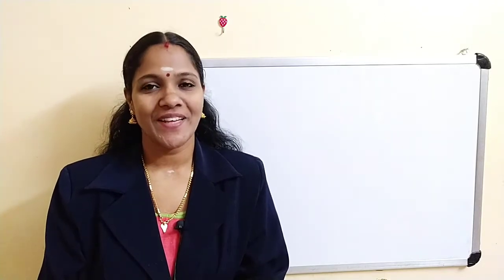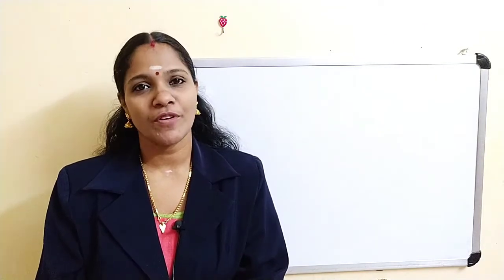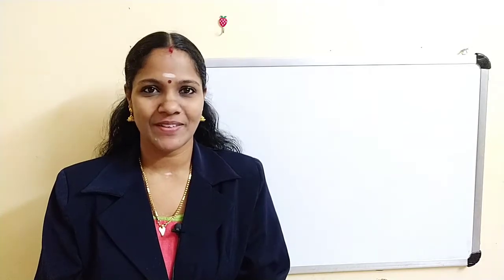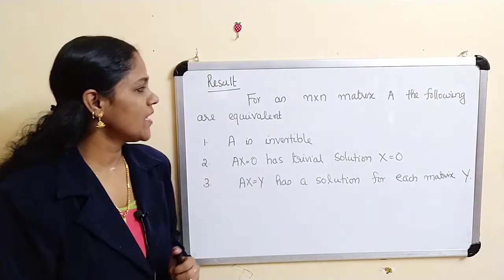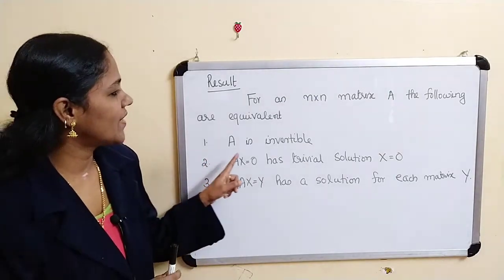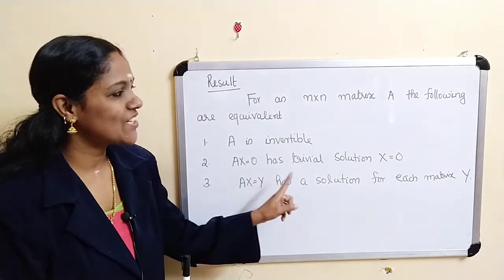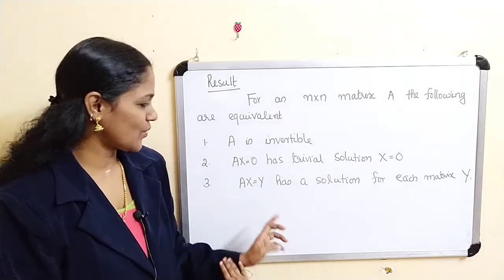Today we are going to prove two theorems. Before that, we are going to discuss one result. For an n by n matrix A, the following are equivalent. First, A is invertible. Second, Ax equal to 0 has the trivial solution x equal to 0.